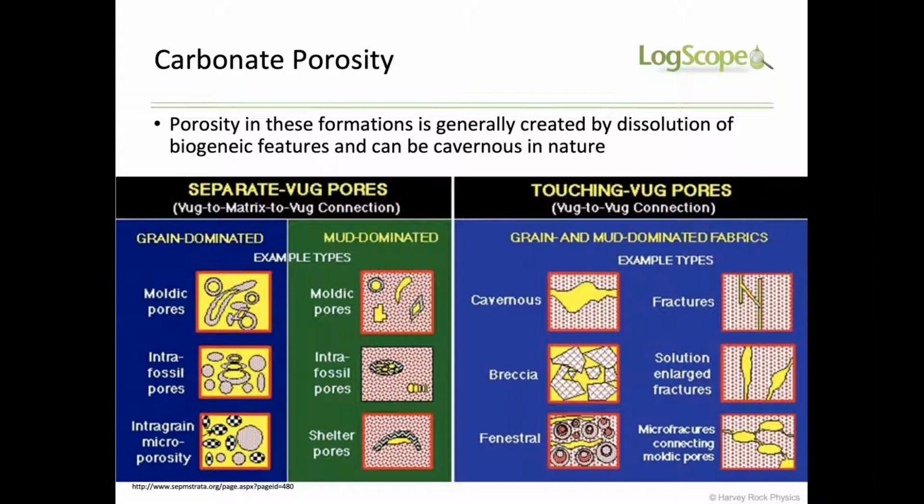In carbonates, you can also create fractures, and this is created by tectonic effects or by the dissolution along the fractures to actually create cavernous type porosity.